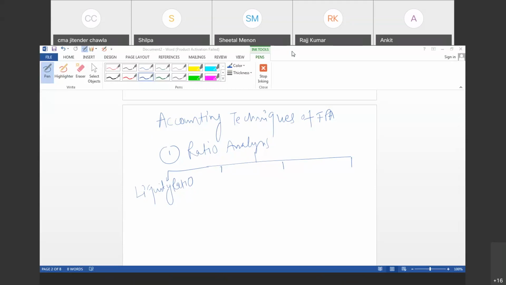Yes, liquidity. Right. CR, QR. We did not discuss it. Already you have done profitability ratio. Next one, have you heard of activity ratio?